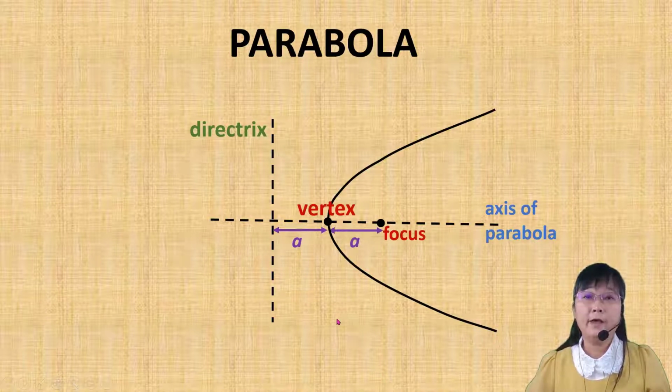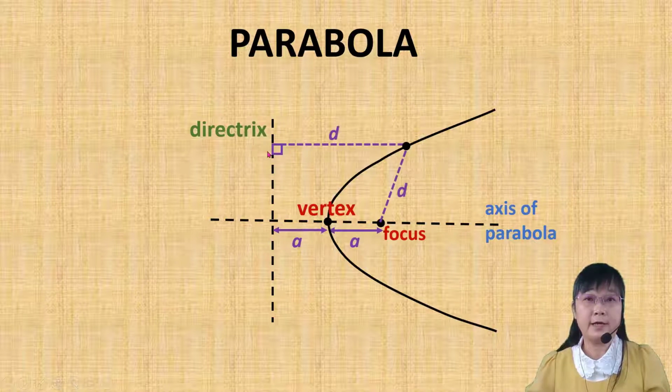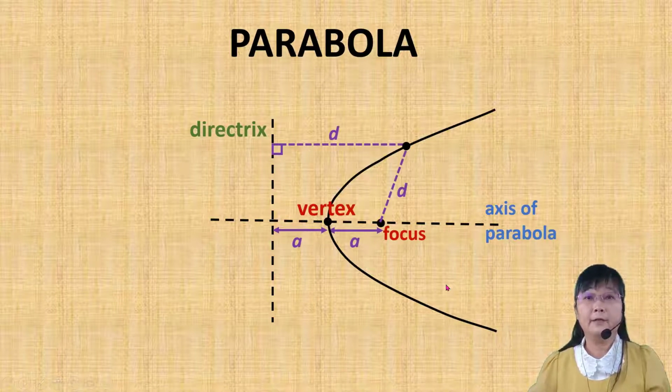And if we have any point on the curve, the distance from the point to the focus is the same as the perpendicular distance from the point to the directrix. So these are the important parts of a parabola.